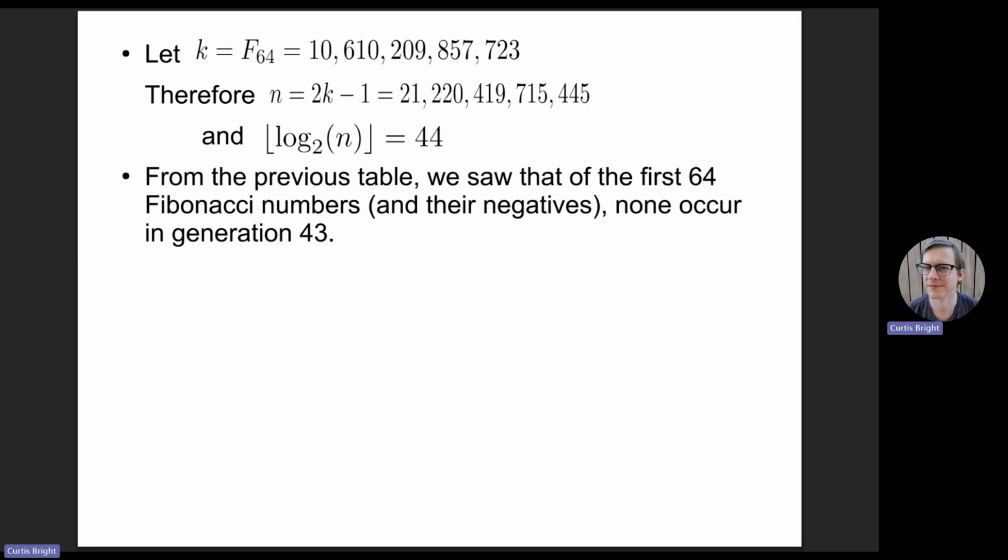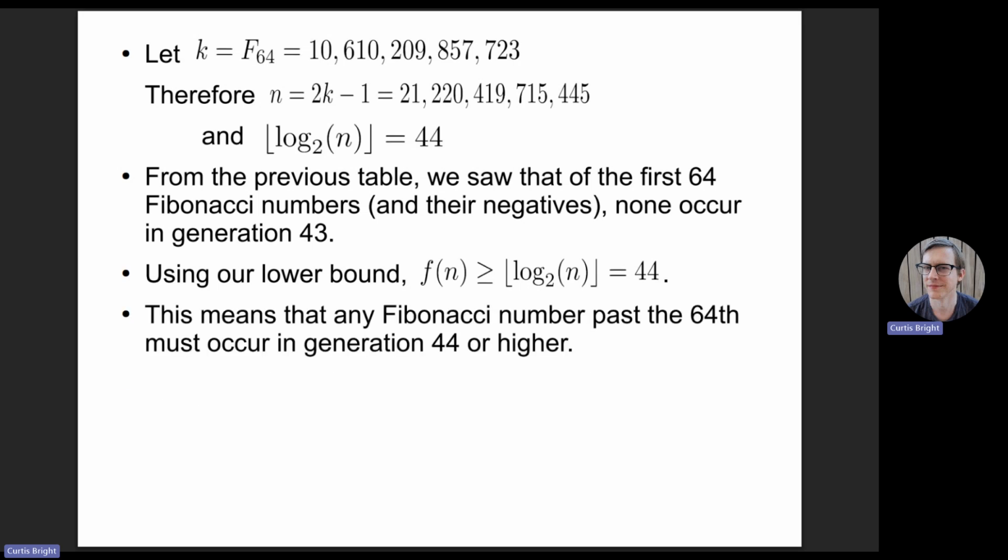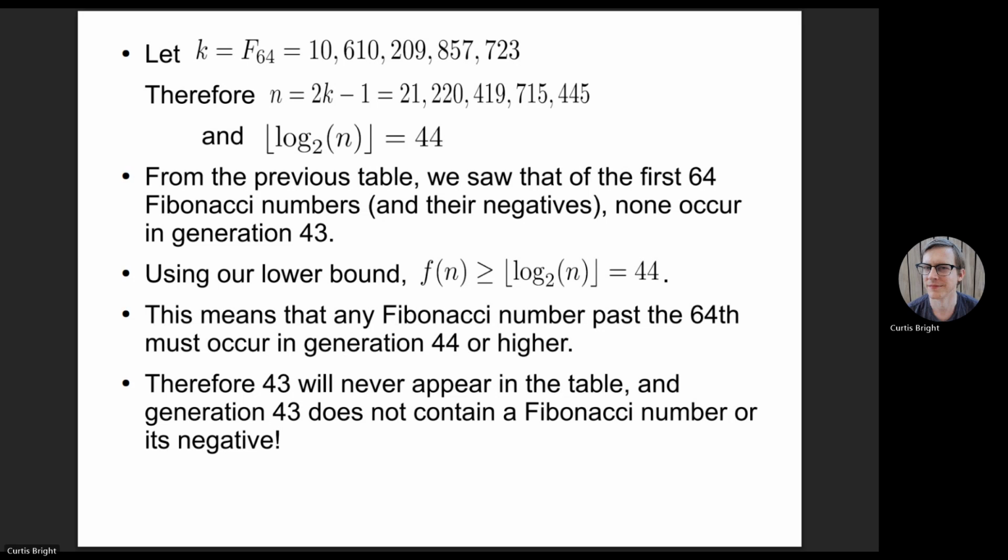So what that means, from the previous table we saw that of the first 64 Fibonacci numbers and their negatives, none of them occurred in generation 43, but this is telling us from this point onward, the lower bound is 44. So we can never get back down to 43, meaning that 43 is actually going to be a proper counterexample. So in the table, we never have a Fibonacci number occurring in generation 43.